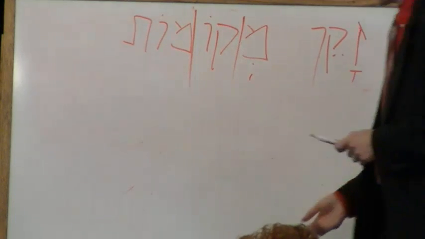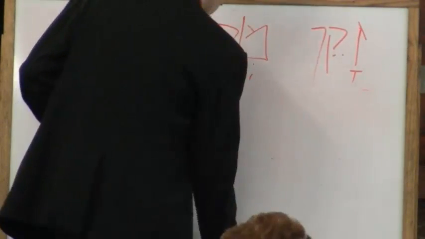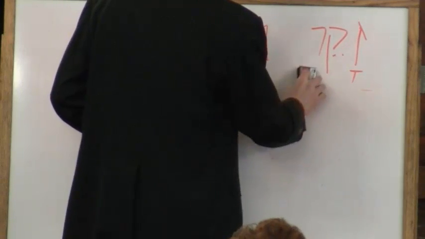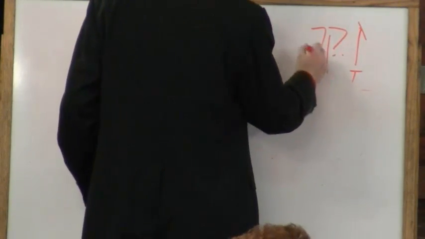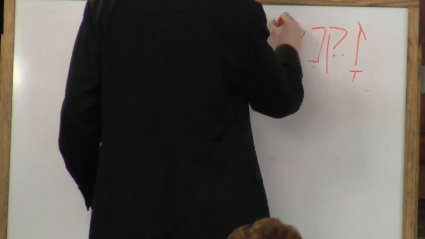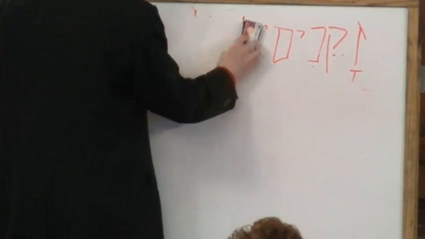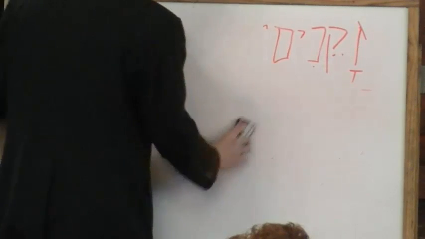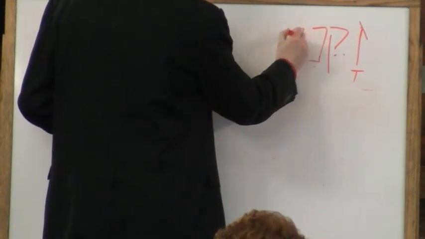Zaqen, and we're going to say, instead of just one old man, now we have a bunch of them. Zeqenim. So you stick an im on the end. Oh, I'm going to get this makomot to go away.